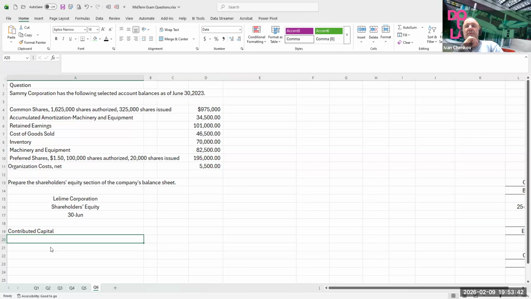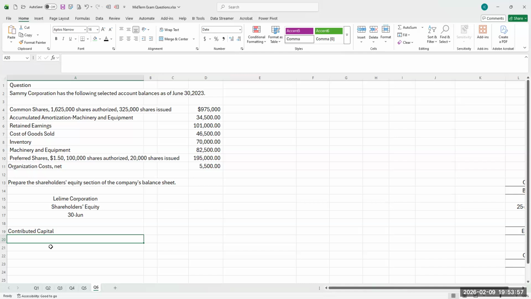Now which one are we gonna list first? Preferred shares or common shares? From my memory, I say preferred. Why?